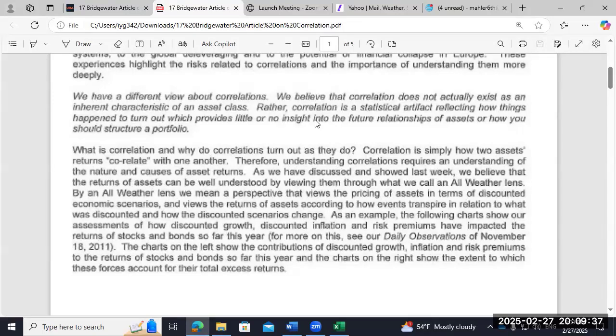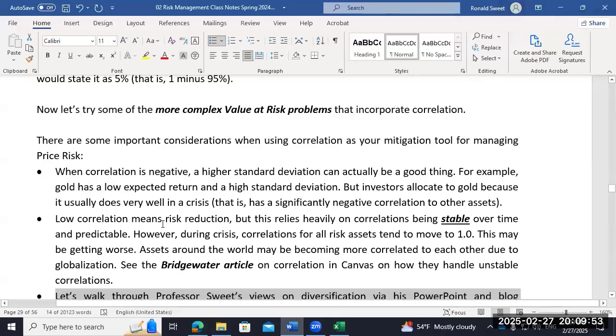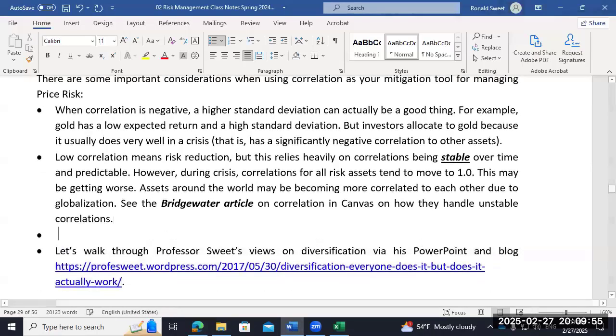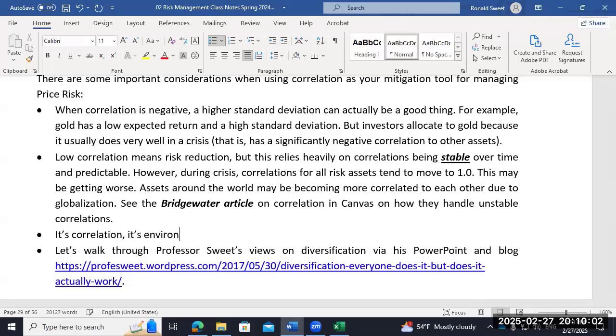Just because two assets have moved in a certain way in the past doesn't tell you how they're going to move in the future. Correlation is simply how two assets correlate with one another. Understanding correlation requires an understanding of the nature and causes of asset returns. Basically, what they're saying here is it's not correlations, it's environments. And we're going to get into that in the blog. It's not correlation, it's environment. And so I'm going to give you two approaches.